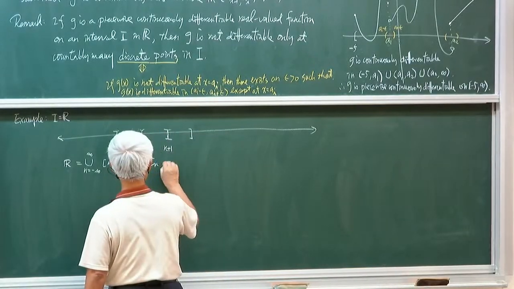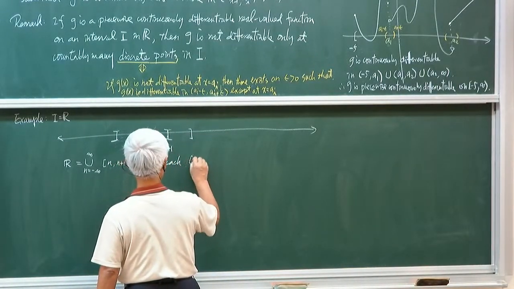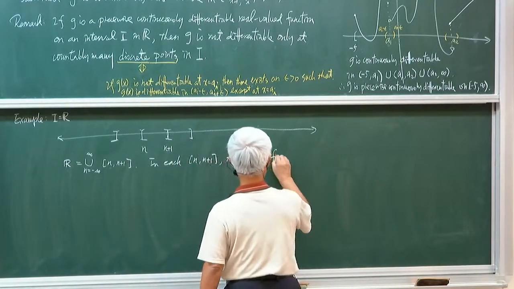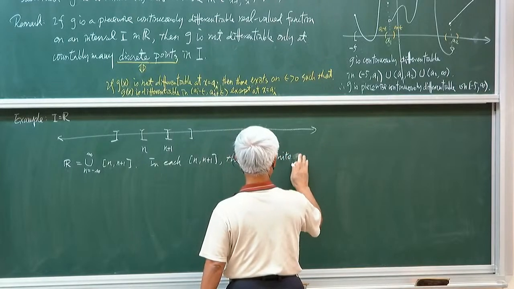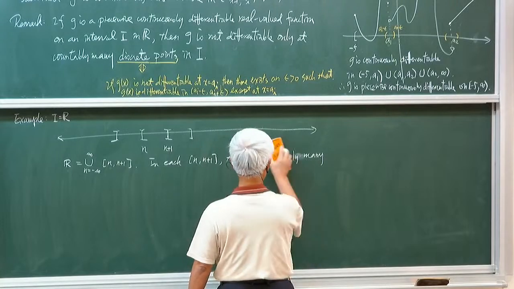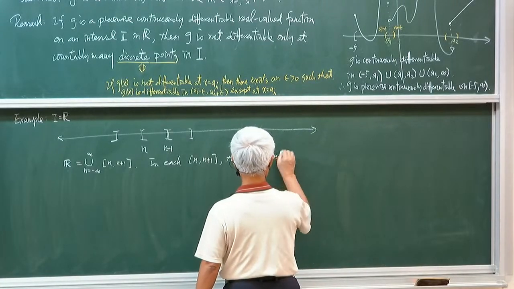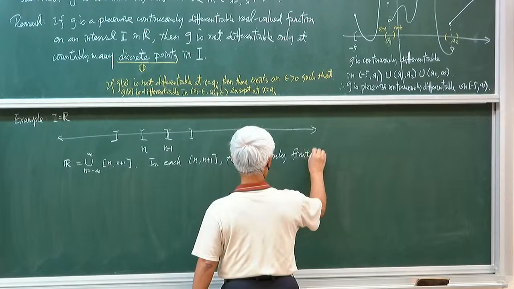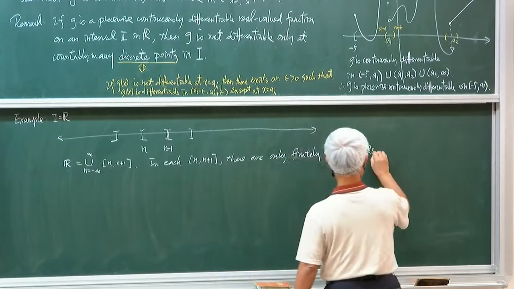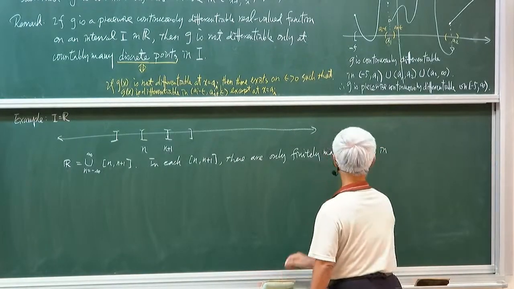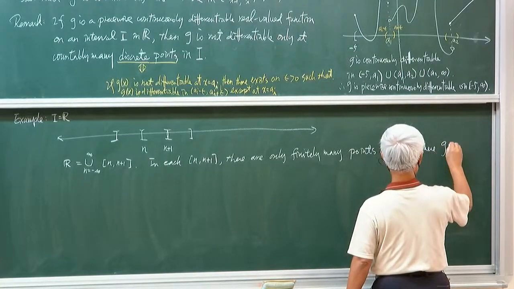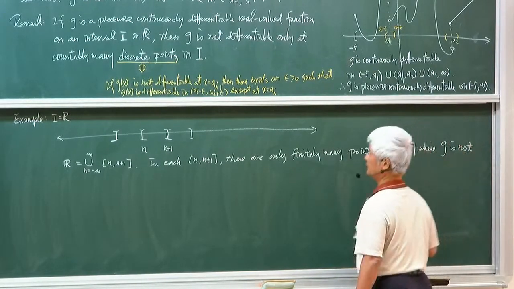Now in each [n, n+1], there are only finitely many points where g is not differentiable.